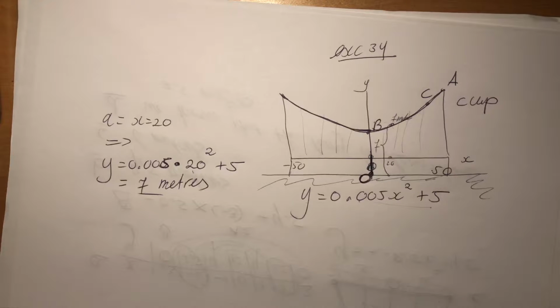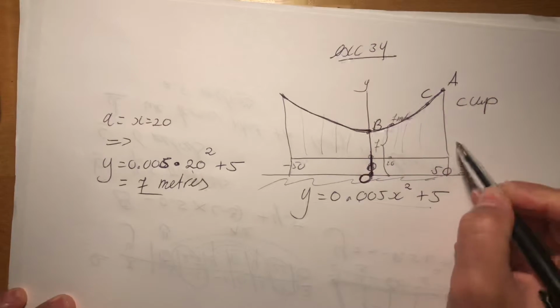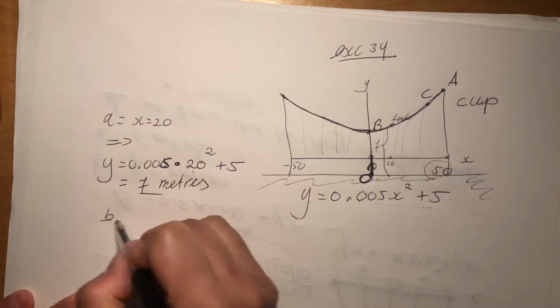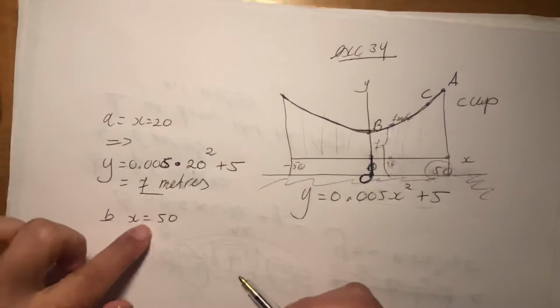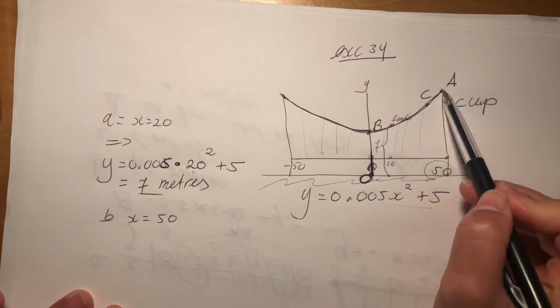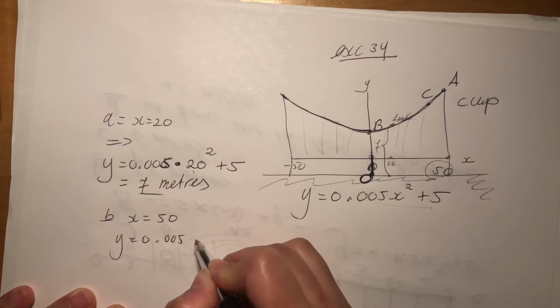Now, let's continue. How many meters above the water is point A? Look at point A, which x belongs to point A, that is the 50. So we can fill in x is 50. You have to write this down as well because then I know you know what the x is that belongs to the point A. It's like a coordinate. You fill in 50, you show how you do it.